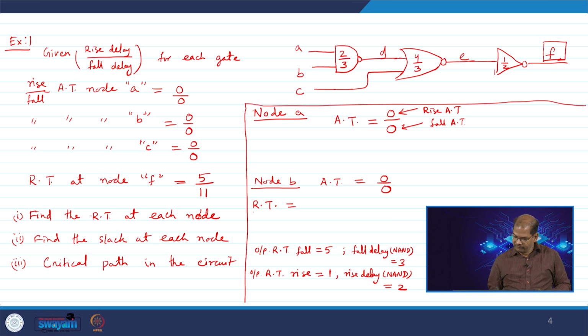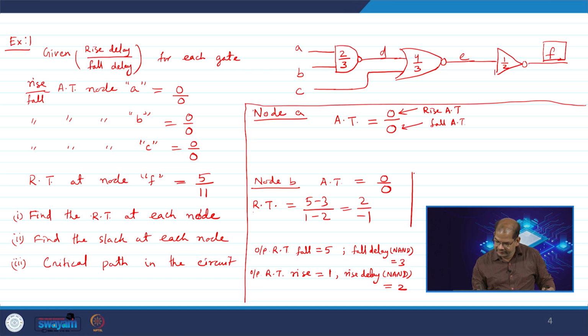So, using this one I can find the required time. The first row will give me my rise required time. So, 5 minus 3 by my 1 minus 2. So, this will be 2 minus 1. Okay. Then I can find the slack here. The slack at this point will be 2 by minus 1.